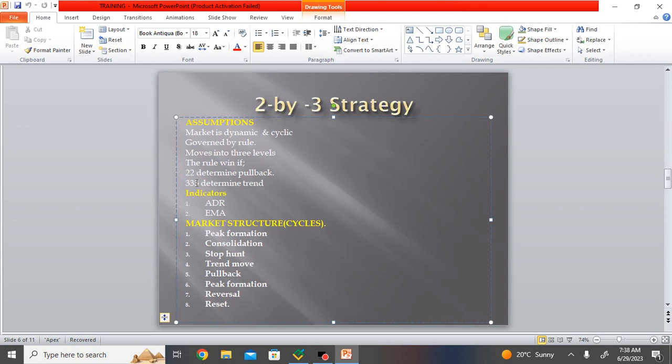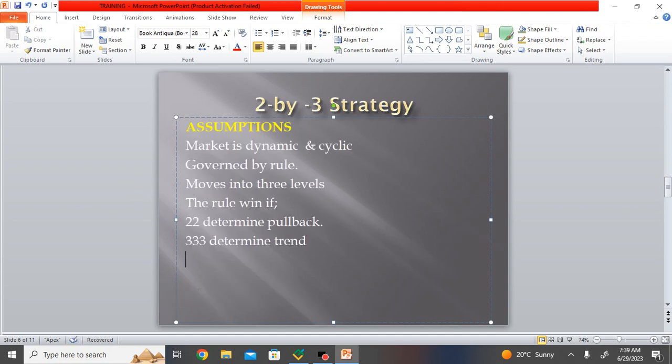So this means that, let me read this, if two candles formed in consecutive with no third candle formation, it's a pullback.